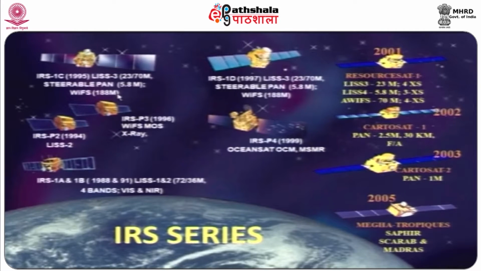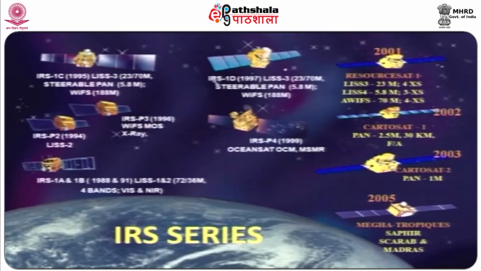Just imagine, same satellite acquiring information about the earth's surface, one sensor acquiring 5.8 meter, another sensor acquiring 23 meters by 70 meters, 2 different types, and then you have WiFS acquiring the same area at 188 meters. So, imagine what could be the total area of coverage by the satellite and what could be the total volume of data which is received by the earth station, isn't it?